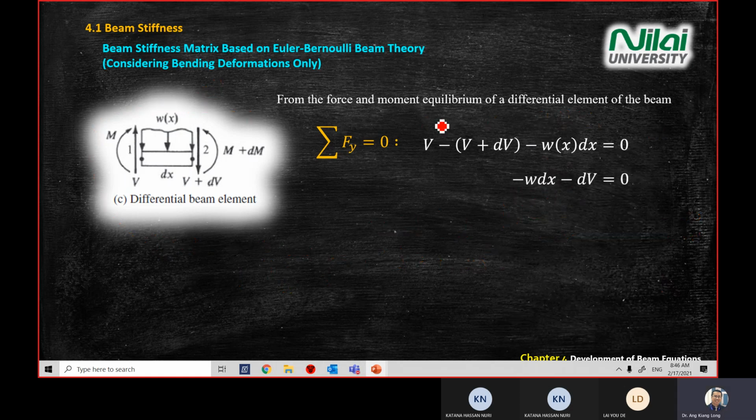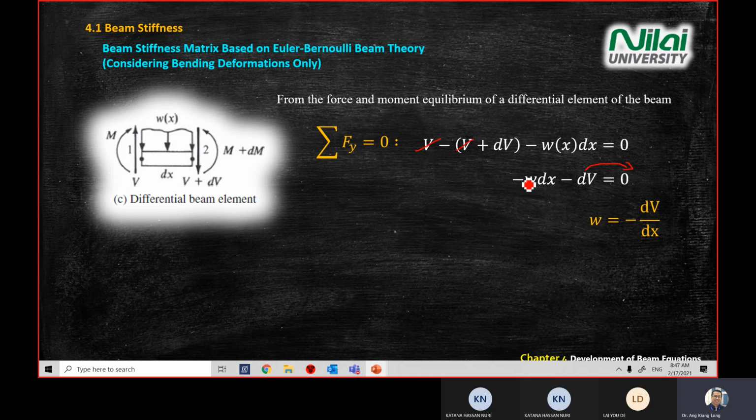Okay. Then, if you summarize the equation above, this one cancels this one. You have minus dV minus W dx. So you get the simplified equation over here, and you can write what your W is. W, you move this one to the left, you get positive.